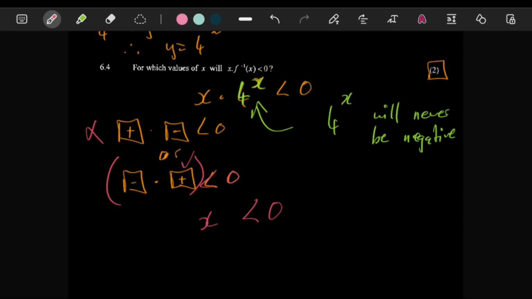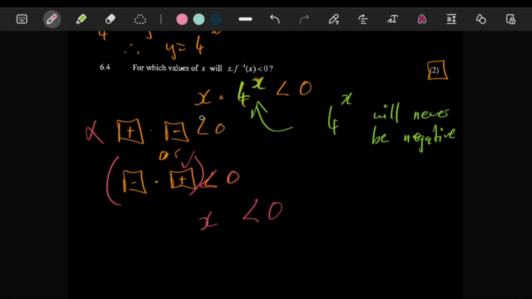Now obviously, if this question is not your cup of tea, then don't find yourself getting confused. So here we just said x is smaller than 0.